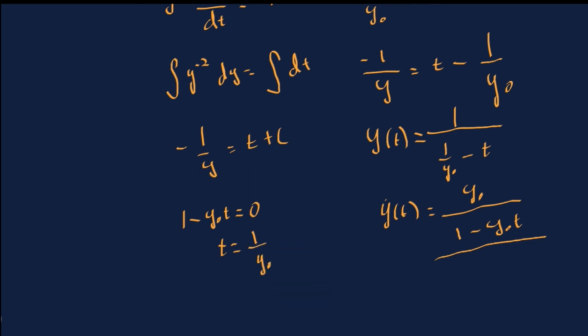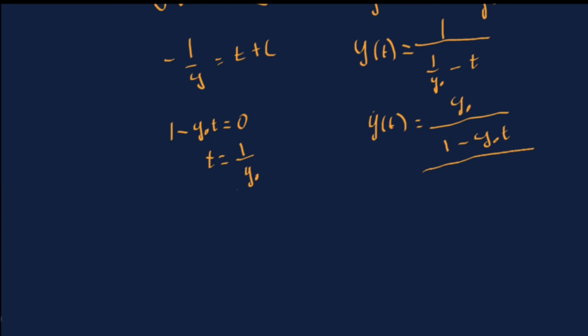And so the interval on which our solution is valid is from negative infinity to 1 over y naught, and from 1 over y naught to positive infinity. And out of these intervals, the interval of validity would be the one that contains the input value of our initial condition, which was actually 0.